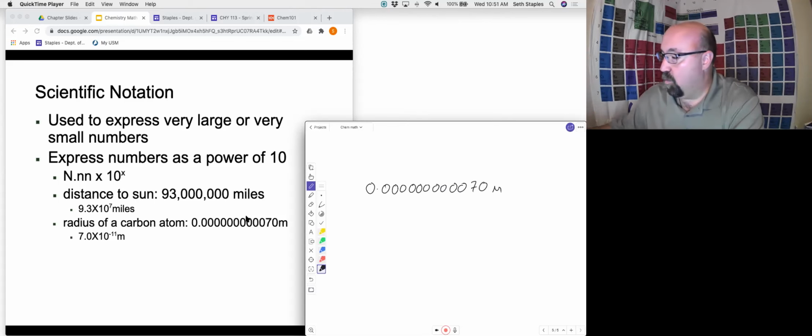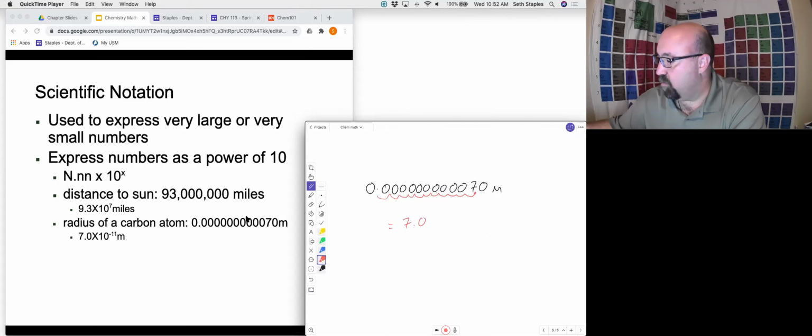And so again, we want to convert this over to scientific notation. Our decimal point is here right now. We need to get our decimal point here after the 7. And so we are going to have to move it 1, 2, 3, 4, 5, 6, 7, 8, 9, 10, 11 spaces.